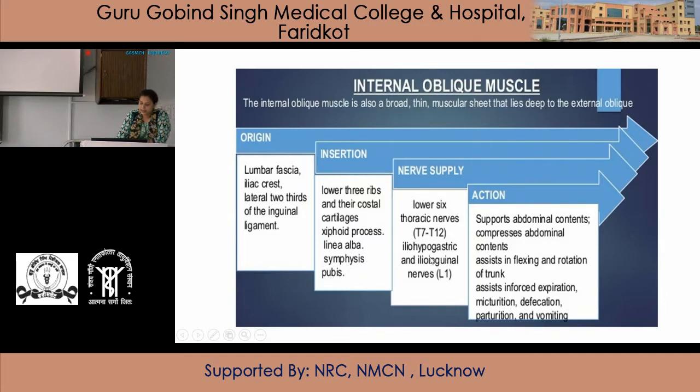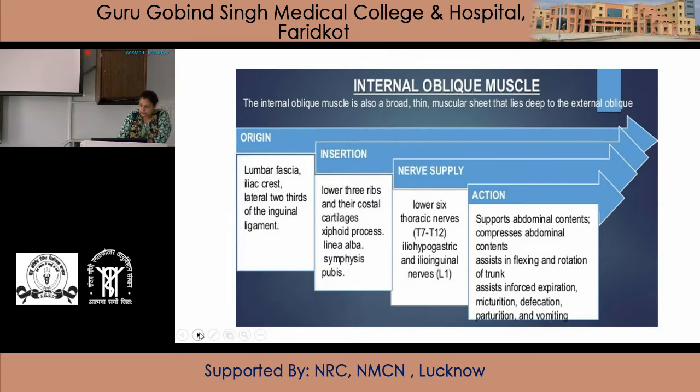Its nerve supply is by the lower six thoracic nerves, iliohypogastric and ilioinguinal nerves. Its actions: it supports and compresses the abdominal contents, assists in flexion and rotation of the trunk, and assists forced expiration, micturition, defecation, parturition, and vomiting.